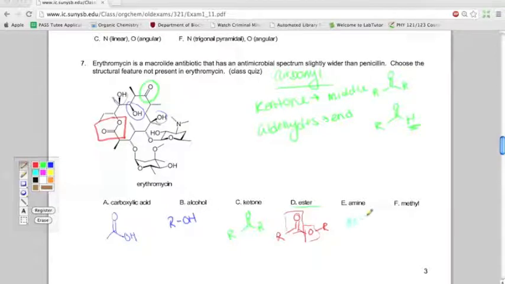An amine is just N, H, or R groups connected to three different things. And that is right there. And a methyl group is just a single carbon coming off an R group. So we have methyls here, and methyls here, methyls here, methyls there. You have a methyl there. So you have a lot of methyls, so we know your answer is carboxylic acid.